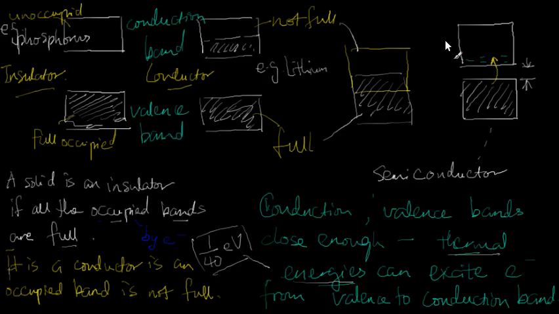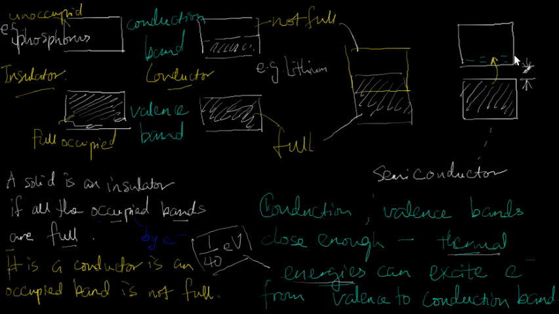In the last video, I talked about a semiconductor and how in a semiconductor the valence and empty conduction bands are quite close together, close enough that the thermal energy from the vibrations of the atoms is enough to give some electrons in the valence band enough energy to jump up into the conduction band.